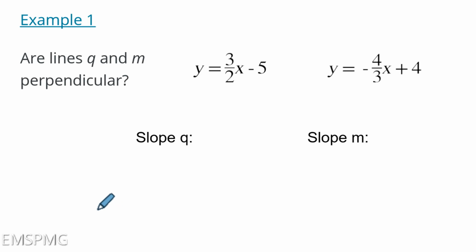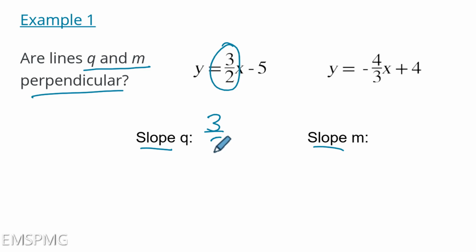Okay, so let's jump into our example one here. We have our lines Q and M. Are they perpendicular? What you need to do is compare the slopes of the two to see if they are opposite reciprocals. So in this first one here, we got 3/2 is the slope. Remember, this is in y equals mx plus b, and the m is the slope part.